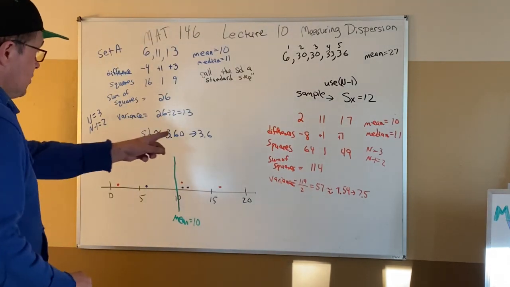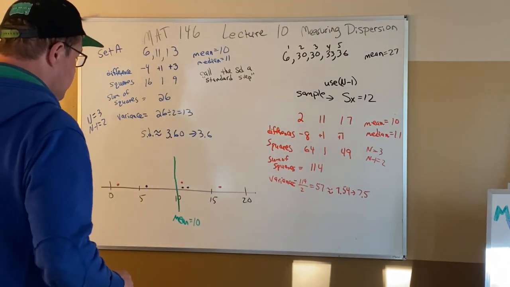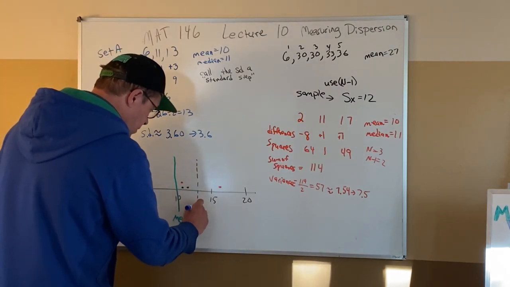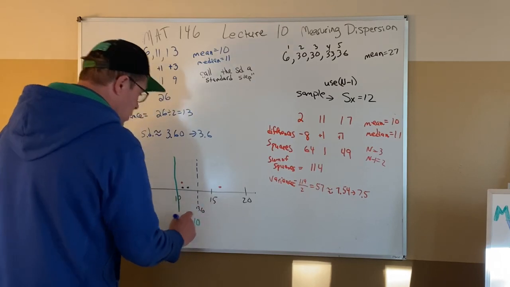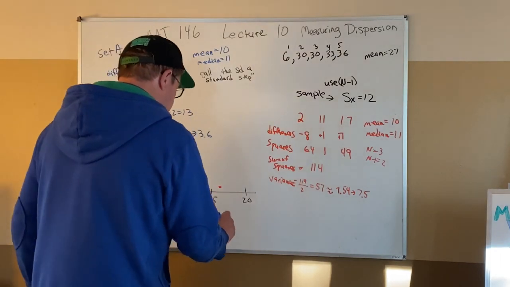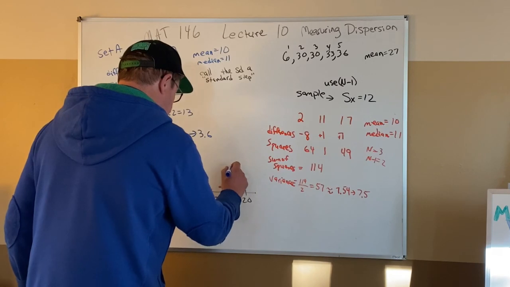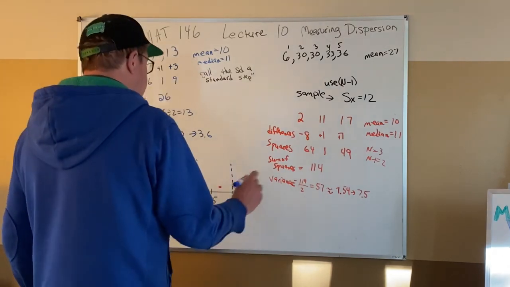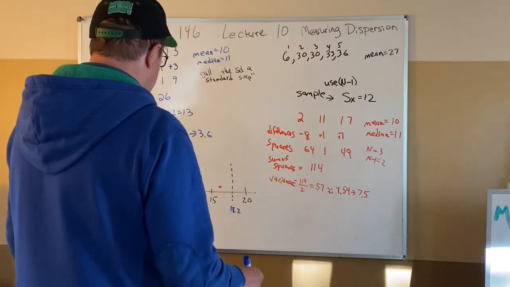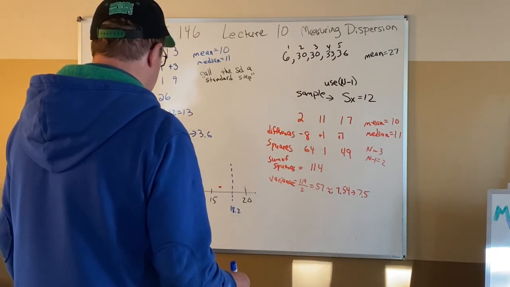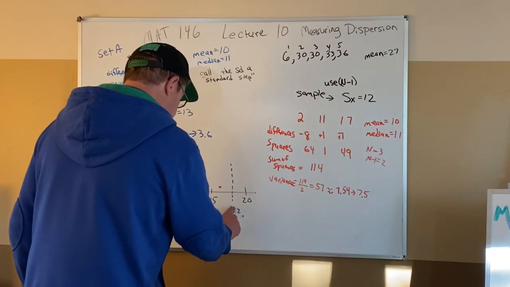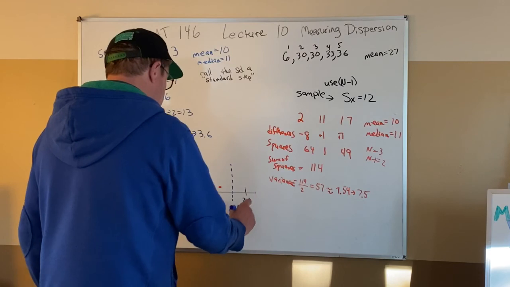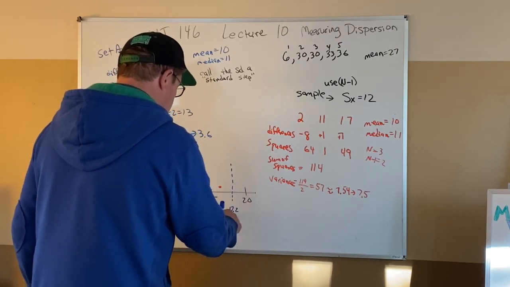What we're supposed to do is go 3.6 every time we take a standard step. So we'll go to 13.6 about here. And another 3.6 will take us out to about 17.2. And if there were a third one, another 3.6 will go to 20.8.